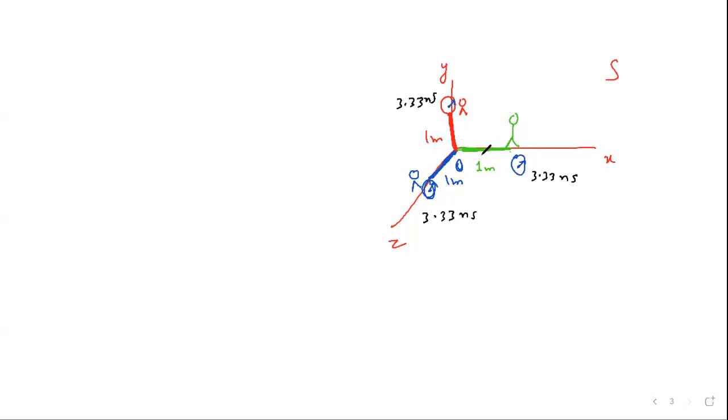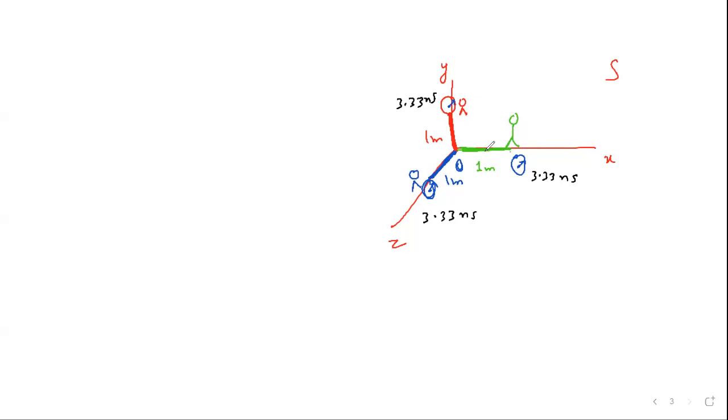I repeat, the assistants are instructed to lay out their rods, each along one of the three coordinate axes, and to wait at the position determined by the end of the rod until they see a flash of light at the origin, at which time they are to start their clocks at the preset reading of 3.3 nanosecond.